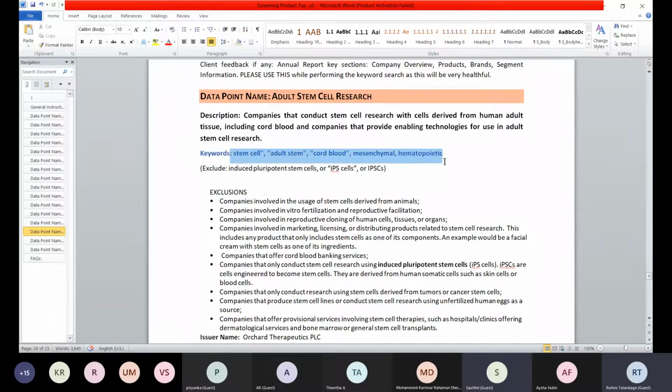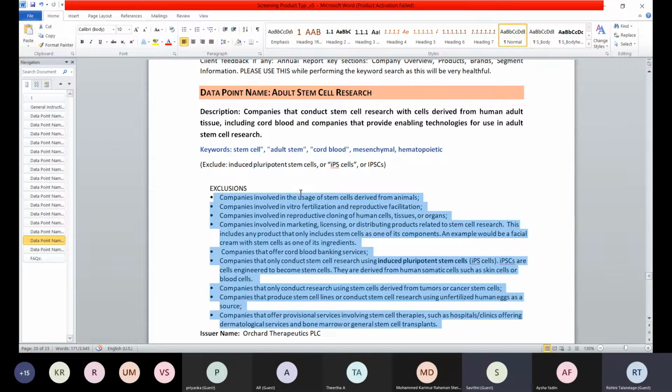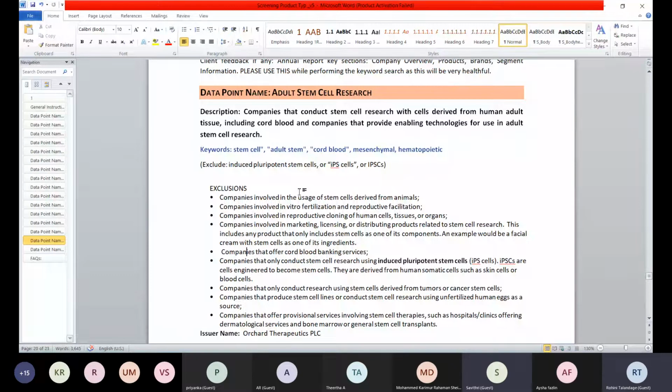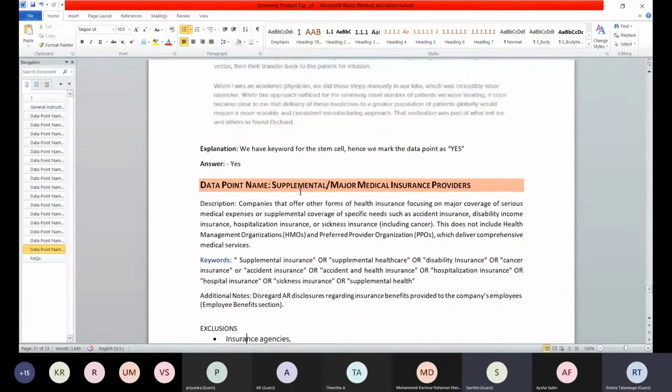If you get any hit, you need to read it. If it is fit for the data point, we mark it as yes. And these are the exclusions. If it is not fit for the data point, we mark it as no. And if you are not getting any hit for the keyword, then we mark it as not reported.